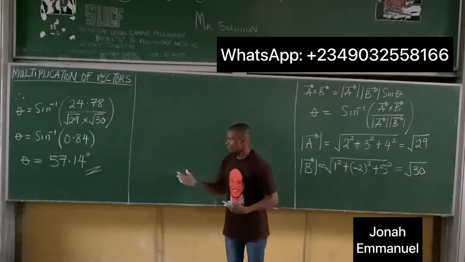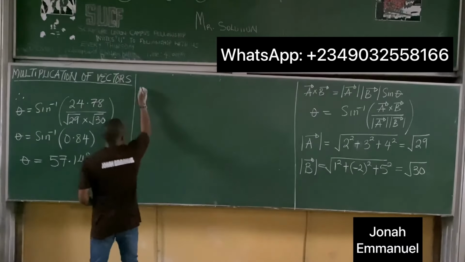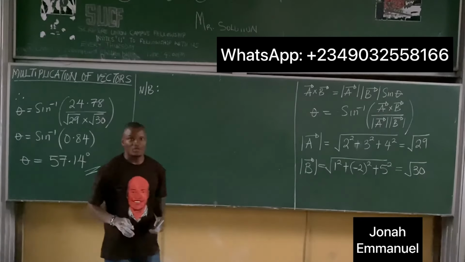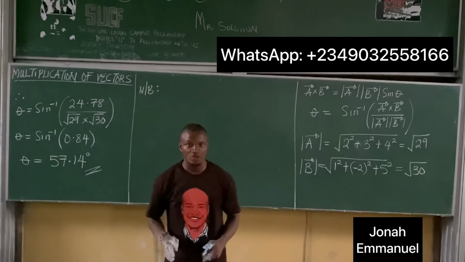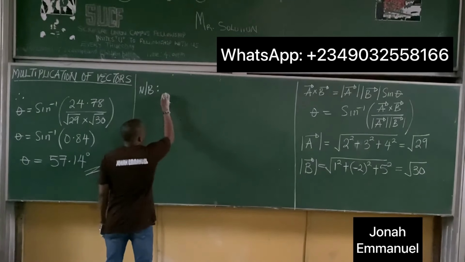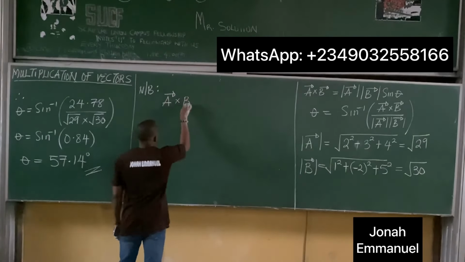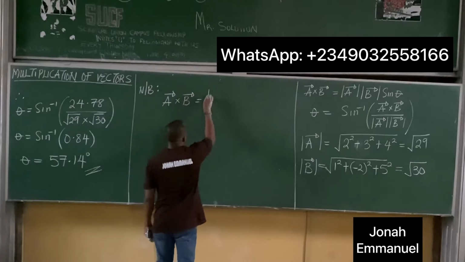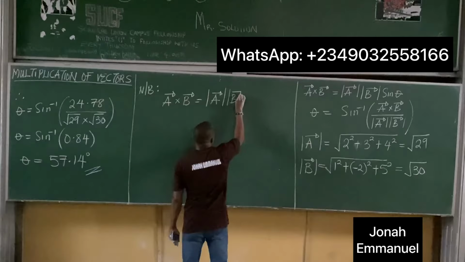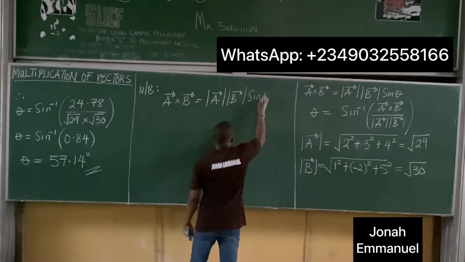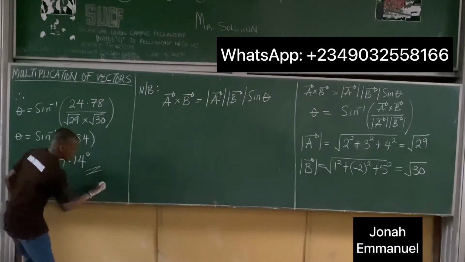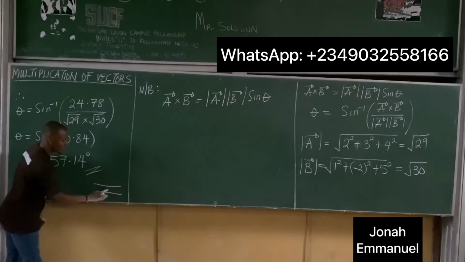Right, one last thing please. Note this: if two vectors are parallel, it means that their cross product is equal to 0. Now, here's your proof. A cross B is equal to magnitude of A, magnitude of B, and then sine theta. If two things are parallel, like two parallel lines, they cannot meet.